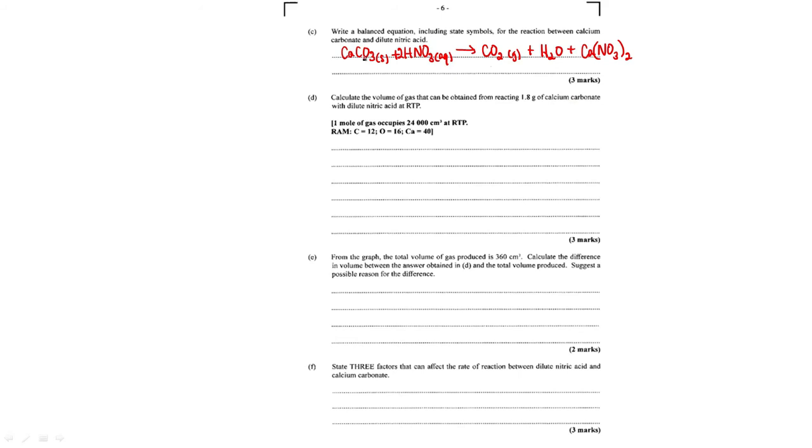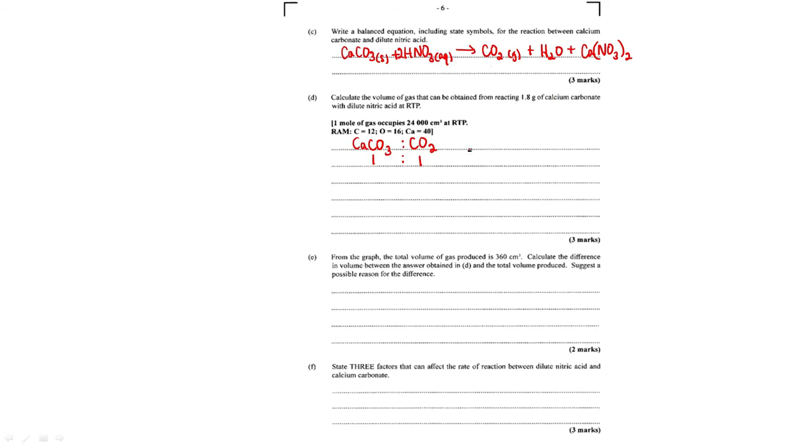So from here we see the relationship between calcium carbonate and carbon dioxide is a 1-to-1 relationship, right? So granted it's a 1-to-1 relationship, we want to figure out, well, if you have 1.8 grams of calcium carbonate, you should get the same amount of moles from the calcium carbonate.